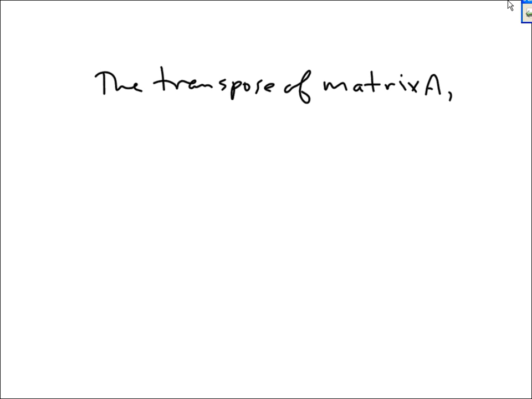Okay. The transpose of matrix A, denoted by A with a T in the top corner. That is how you denote A transpose.